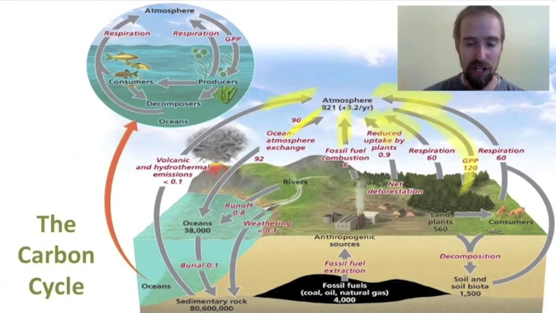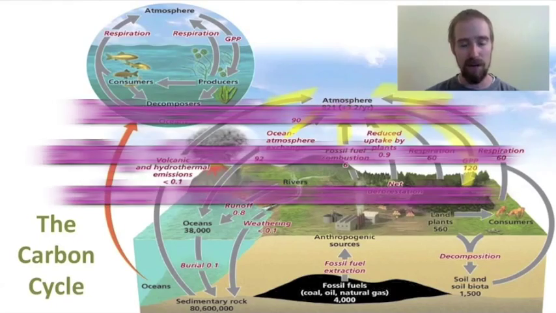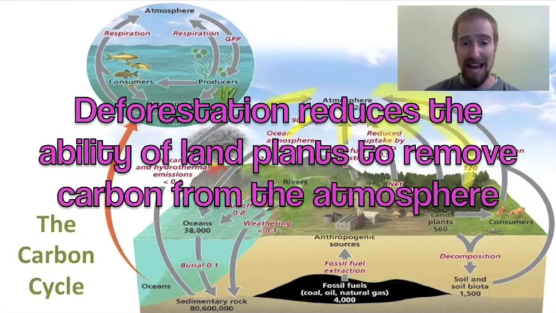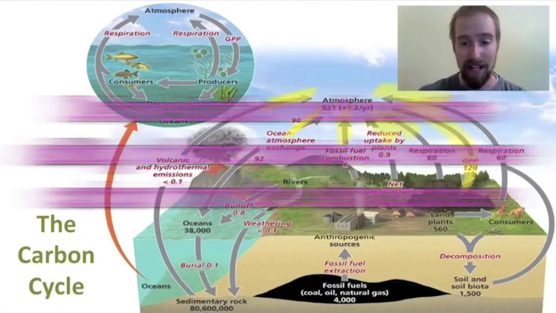In the ocean-atmosphere exchange, carbon is going back and forth in roughly equal amounts, but photosynthesis is the main process that takes carbon back out of our atmosphere from all of these processes that are putting carbon into the atmosphere. So this is another really important role of primary producers, helping to balance the amount of carbon dioxide in our atmosphere, because carbon dioxide is a greenhouse gas that affects how warm our planet is overall.